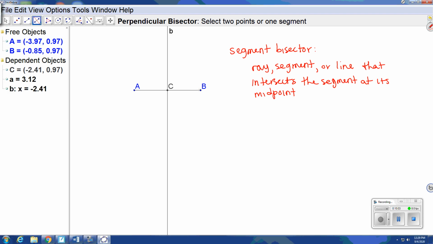So that line that passes through, this line BC, we would say something like BC, because we need 2 points to describe a line, is the segment bisector to AB. And you can see it passes right through its midpoint, so we know that it cuts this thing right in half. And that is the conclusion to the introduction to segments.